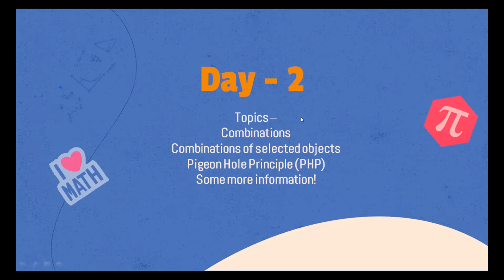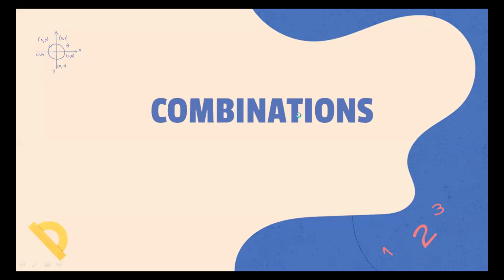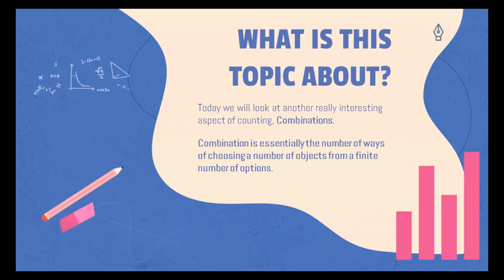Okay, so let's go ahead with combinations. And what is combinations about? Combinations is just an interesting aspect of counting, and it is essentially the number of ways of choosing a number of objects. Yesterday we saw the number of ways of arranging some objects, and now we'll choose a number of finite options.